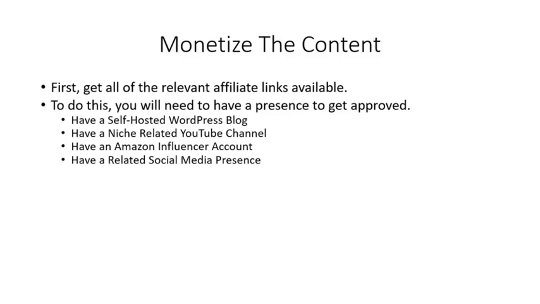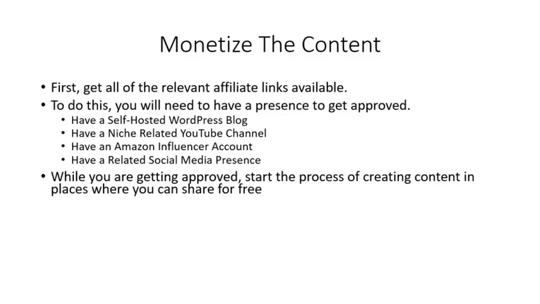Now, that doesn't mean that you're going to get turned down if you don't do all these things, but at the very least, you need to get these things in motion if you're going to get approved as an affiliate. And you do want to be approved as an affiliate if you are going to get the most from your written PLR content. And while you're getting approved, this is typically not going to happen instantly, so start the process of creating content in these places. Start creating content for your blog.